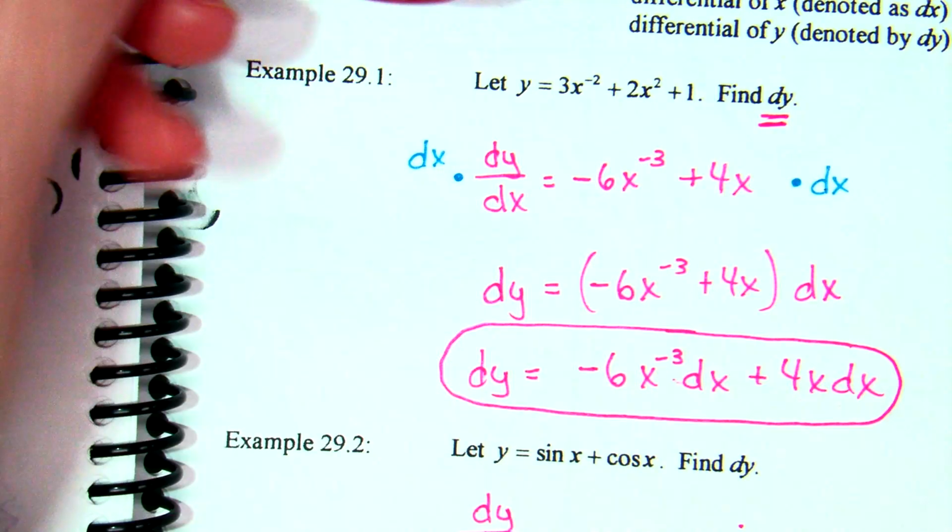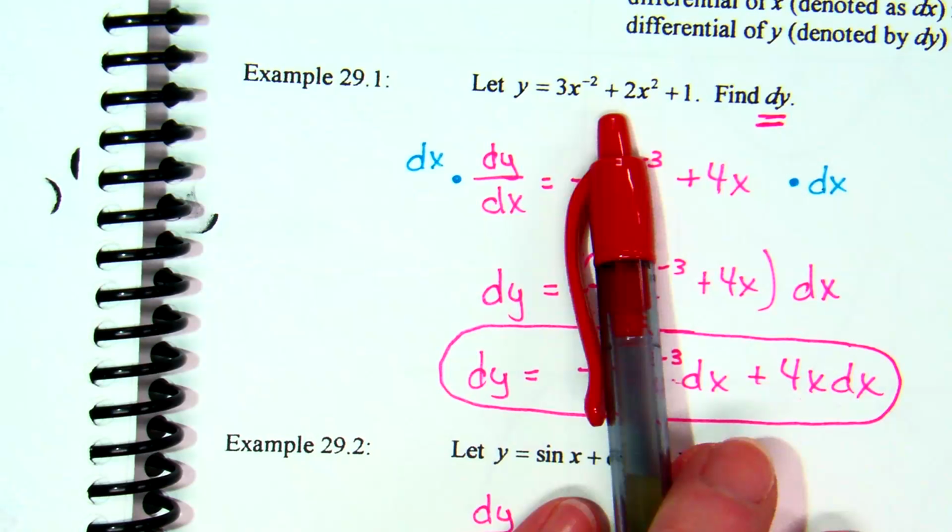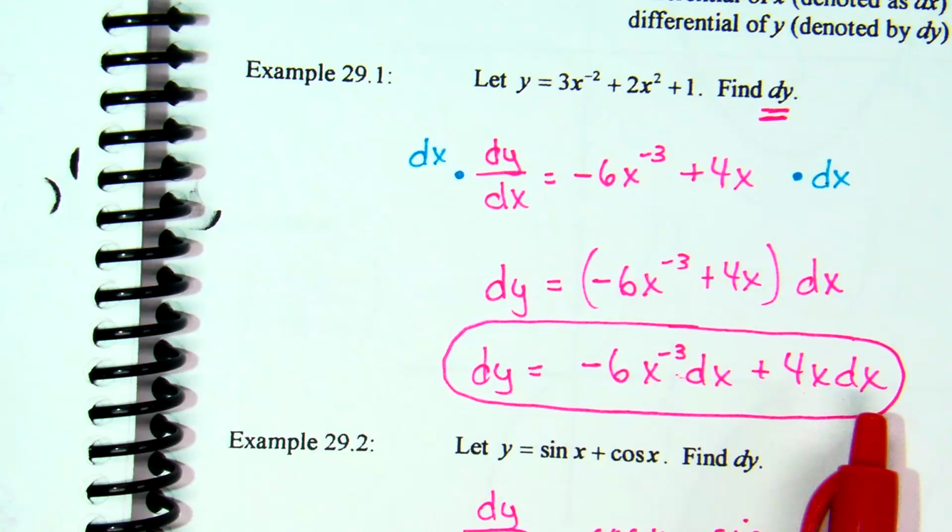So with respect to x, it's a dx. Derivative of 2x squared is still 4x, with respect to x is a dx. Derivative of 1 is still 0 and gone. The difference in this problem is if we're taking the derivative of x, we're going to tag on a dx. If you're going to take the derivative of a y, you tag on a dy. Do you see where I'm going with this?